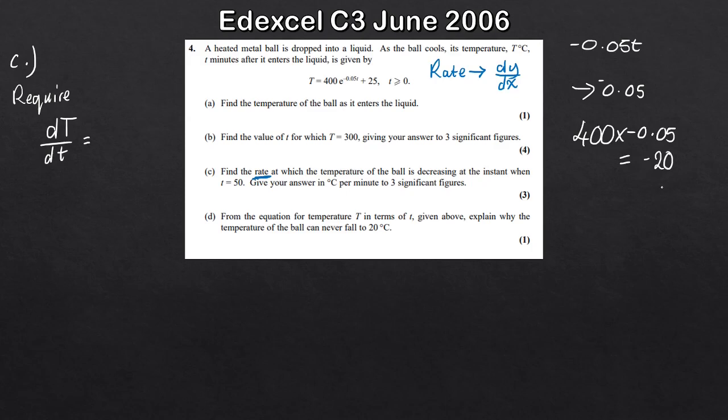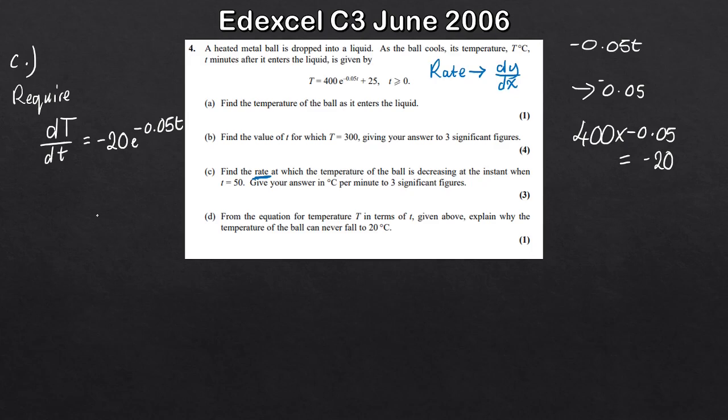So all I'm going to do now is just write that out, because that's literally all we do. It's just going to be minus 20, and then our e just goes back where it was with the same power.